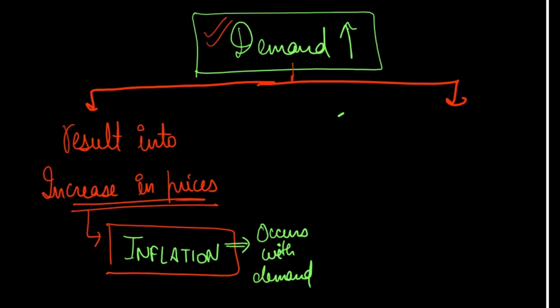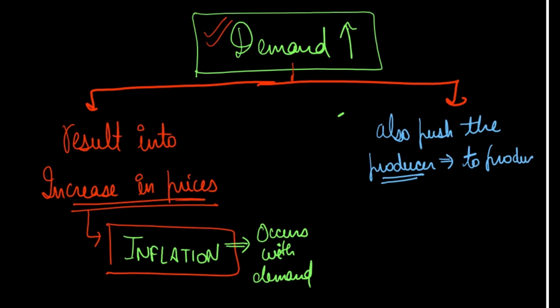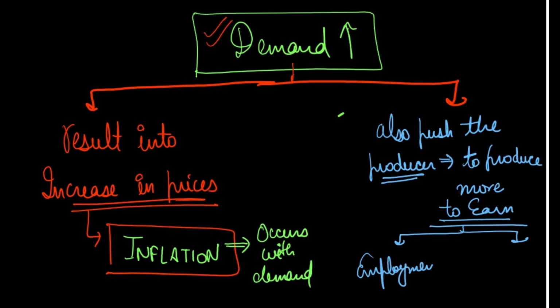Now, increased demand also pushes the producer to produce more to earn. It will create employment, increase production. This increases GDP in the economy.